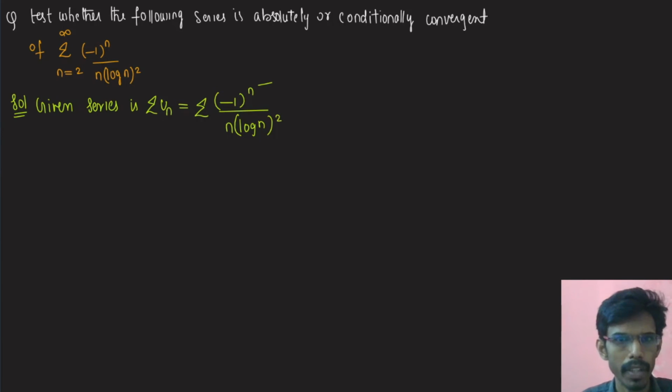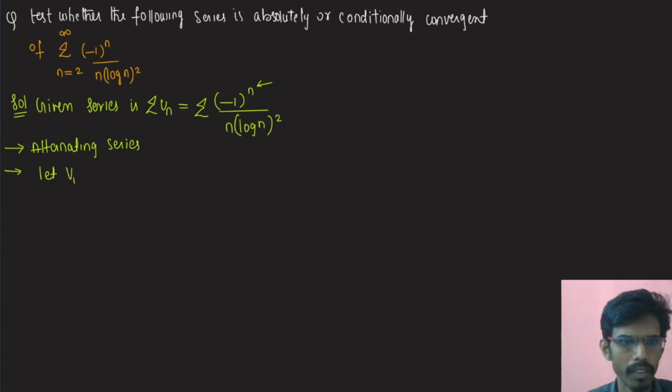Due to this minus 1 power of n, we say that this is an alternating series. Now let us take Vn equals 1 by n into log n whole square.